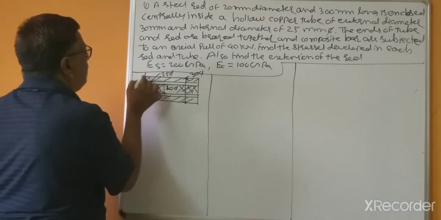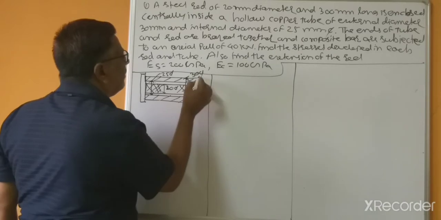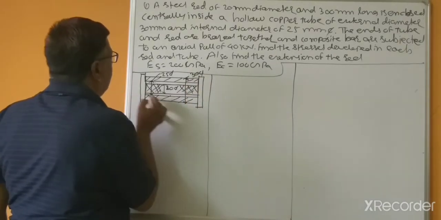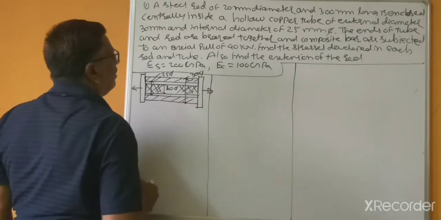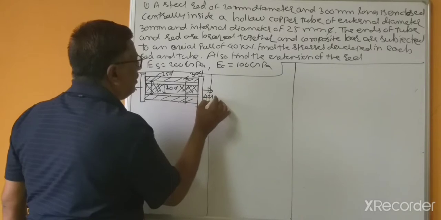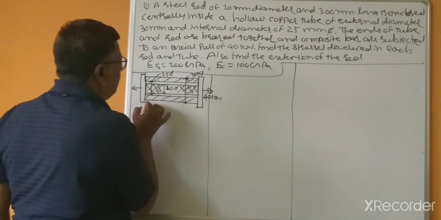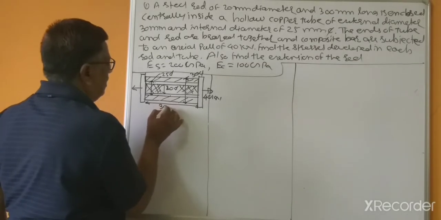Both are jointed together using plates, and here is the axial pull, equal to 40 kilonewton, and the length is given as 300 mm.